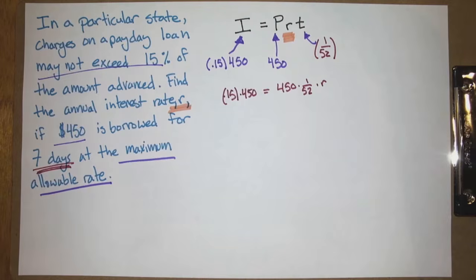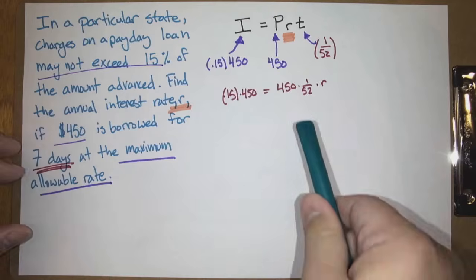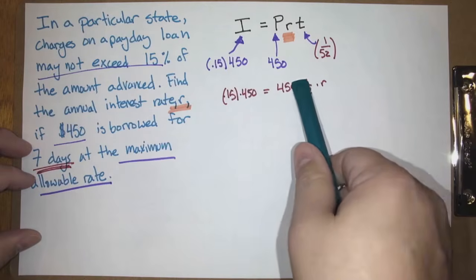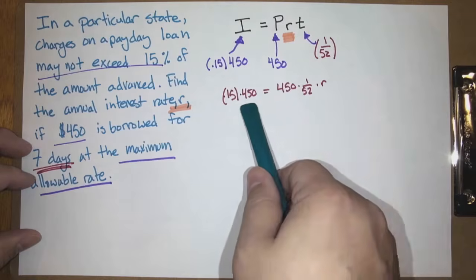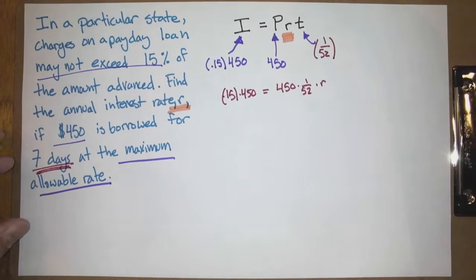So we start with our basic formula, fill in what we know, and say, all right, now we just need to solve for R. What are some things we can do to get there? Well, we basically just have to move what's in front of the R across. Now notice that both sides have a 450. What does that do?